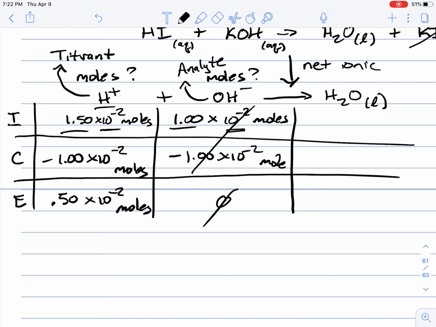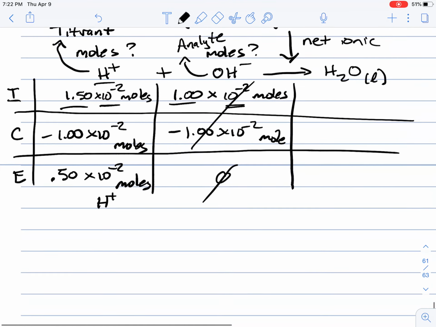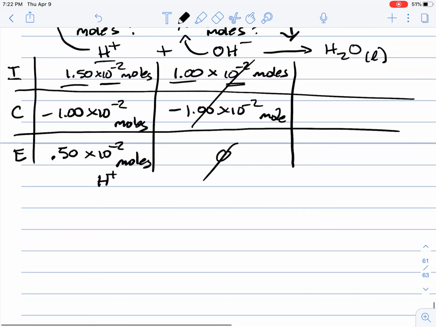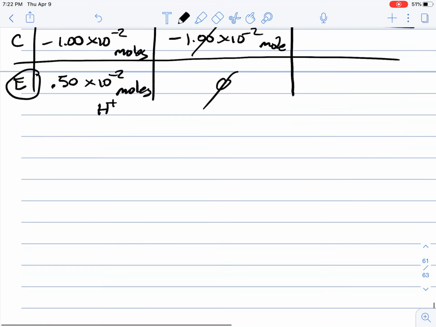Okay, all right, so 1.5 minus 1, that's 0.5. And so this is the number of moles of hydrogen ion that I get, the number of moles I have at equilibrium. So this is cool because now I can go ahead and determine the pH.